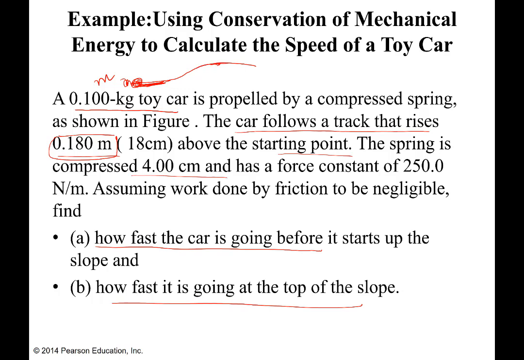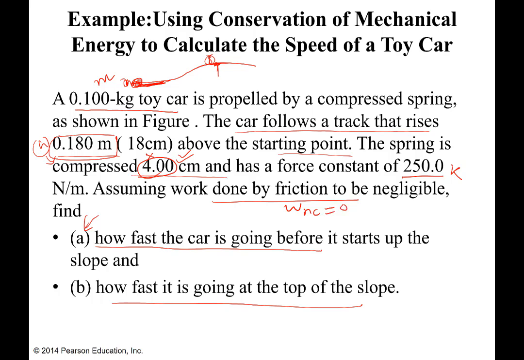When it reaches here, that is part B, we will determine what happens to the height. The spring is compressed 0.04 meters, and k is also given here. So you have x here, and the height is for part B. He's also saying the work done by friction is negligible. That is why W_NC is equal to 0.